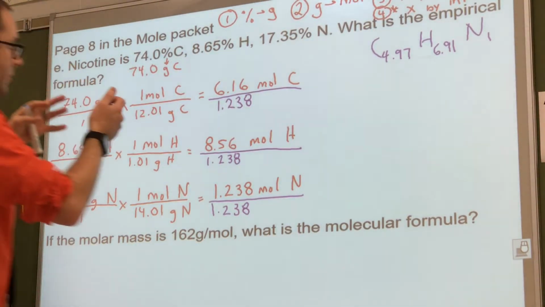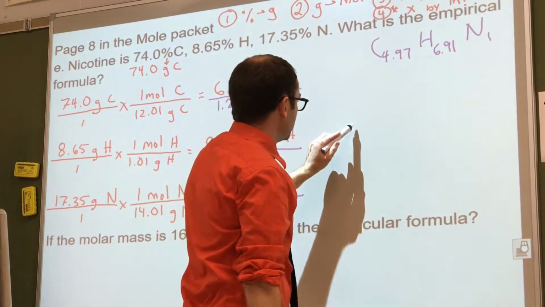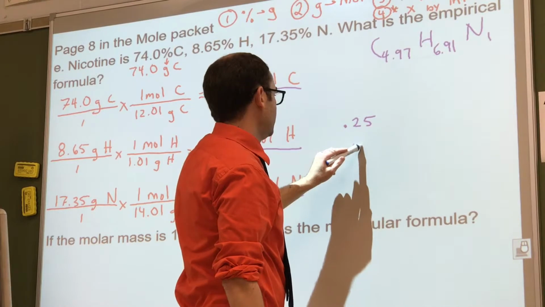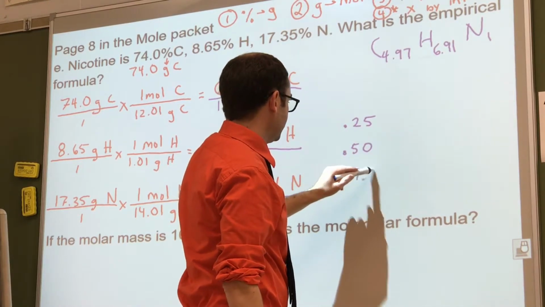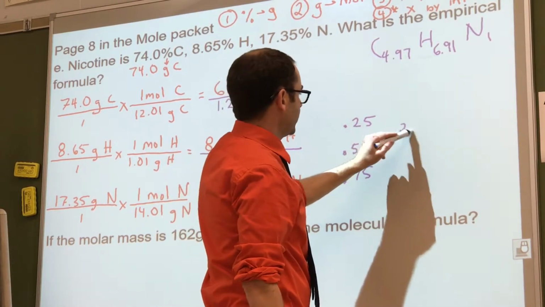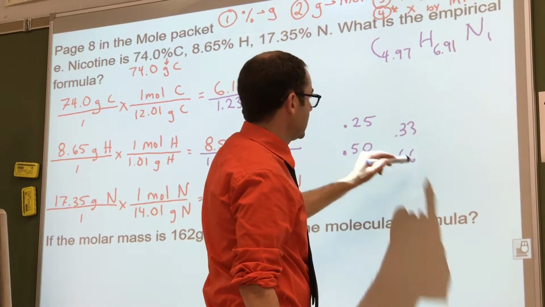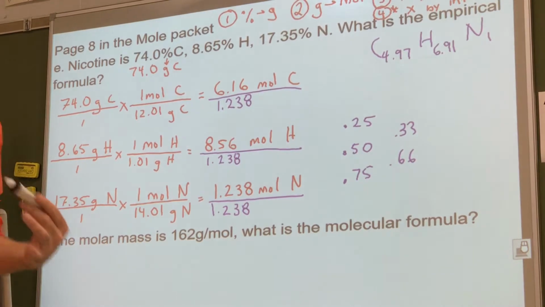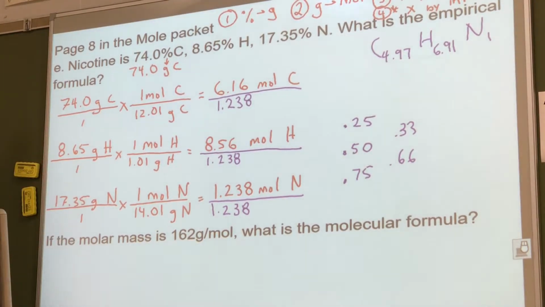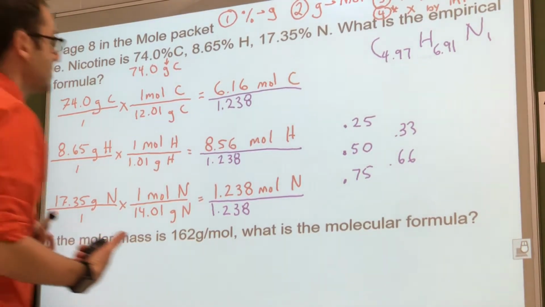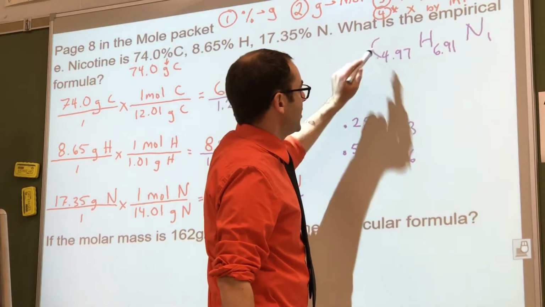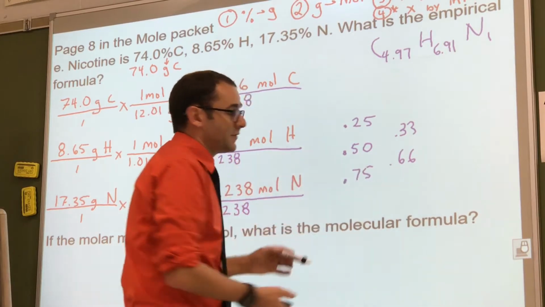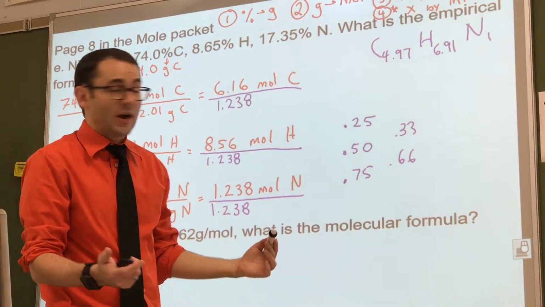But they're also not close to anything we talked about before, like 0.25, 0.5, 0.75, or 0.33 or 0.66. So when you get this kind of situation, you can round it to a whole number, which makes it a little easier. 4.97 is very close. This one is a little bit further, but still, if it doesn't fall into one of these options, you're going to have to round it.